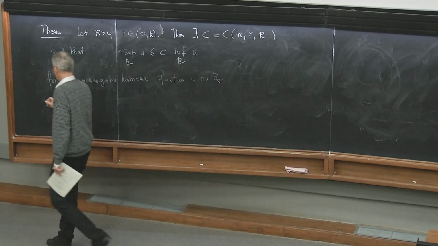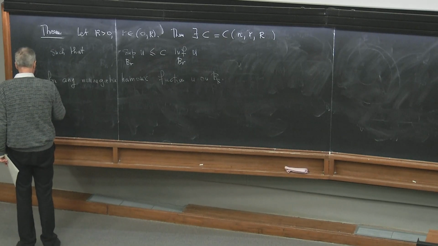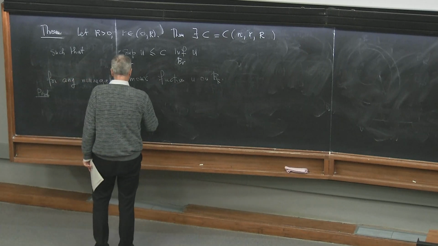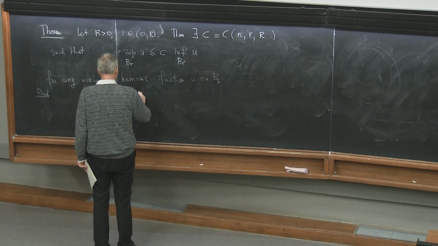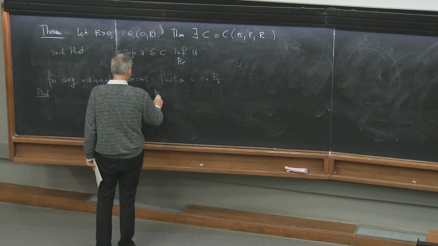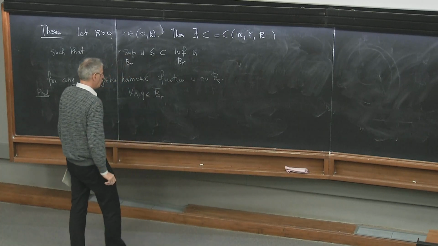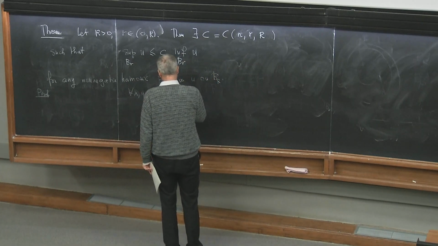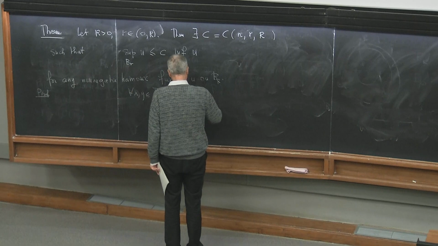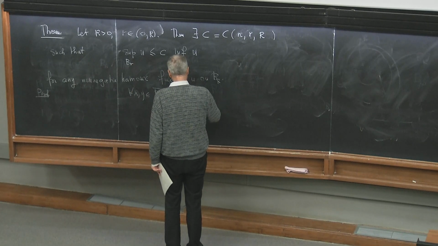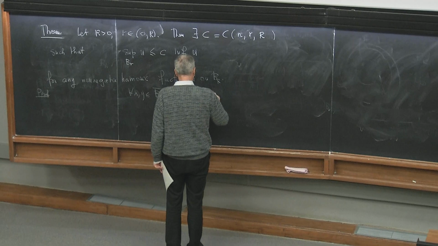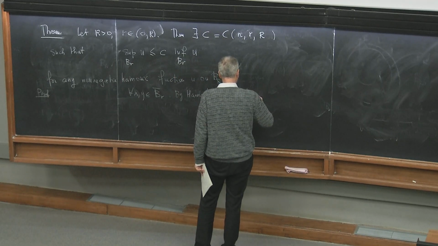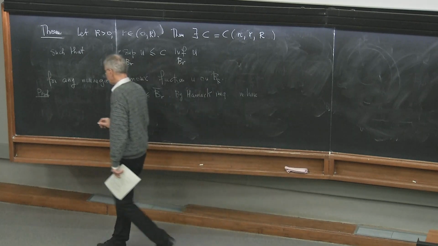Okay, so proof. We have to use the previous result. No, so let's fix 2 points. The ball, the small ball. So by the previous theorem, by Harnack inequality, we have the following 2 inequalities.